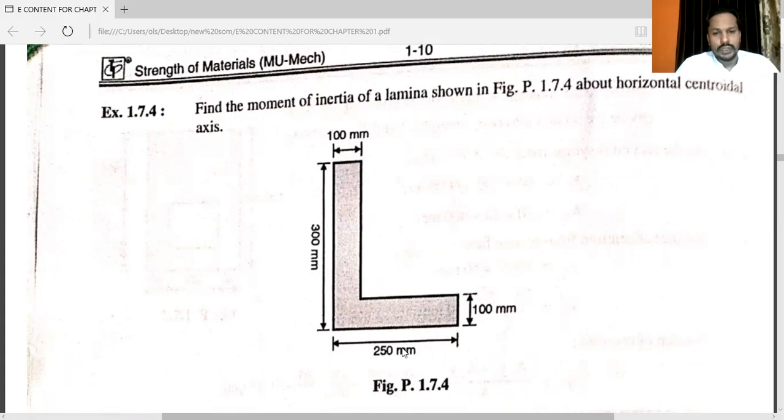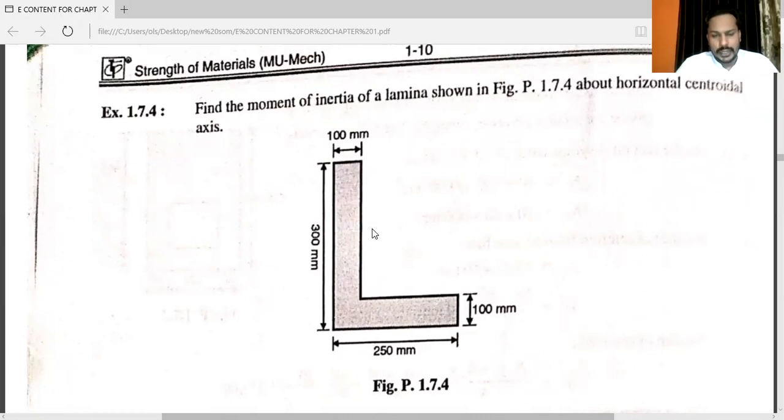The L shape is given. As you know, in the center of gravity, or you can say the centroid chapter, in the first year, we calculated the centroid of different shapes.